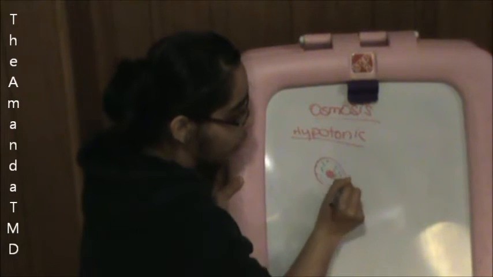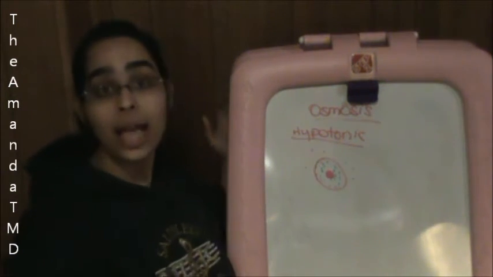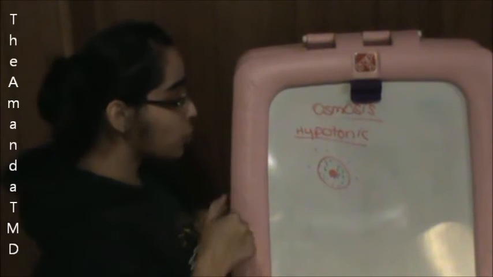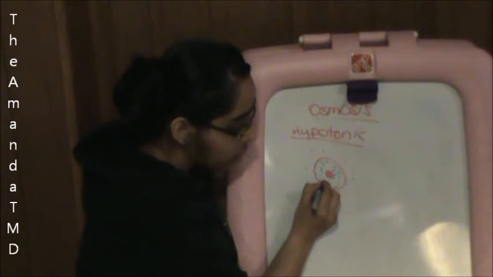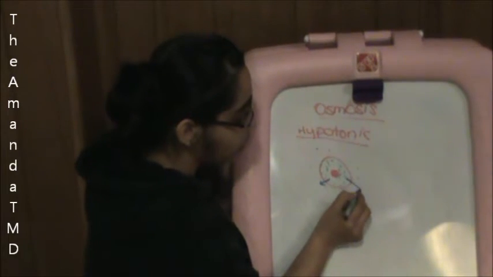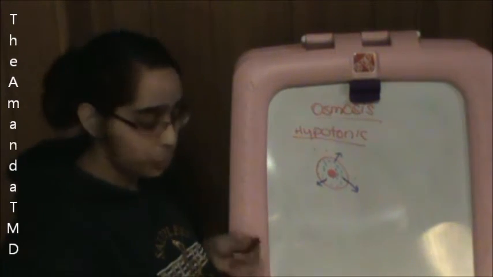And then here I only have very little water molecules. And in this situation, as you may have guessed, the water will travel from inside of the cell to outside of the cell, from all directions, to make an equilibrium.